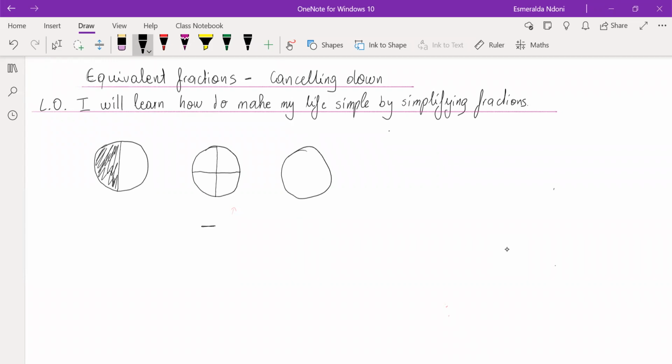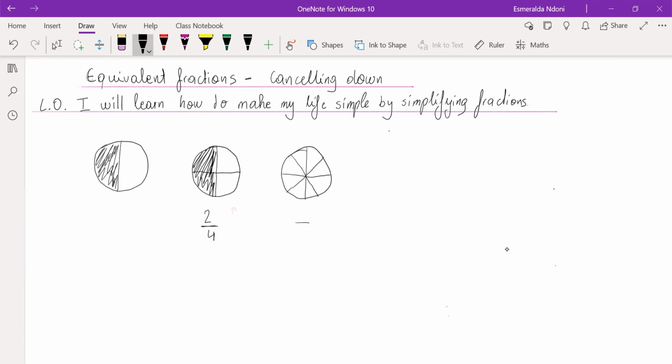So that means that I split that into quarters. And again, I am going to shade 2 out of them. And I'm going to split the last pizza into half again, then I'll keep going with halves.